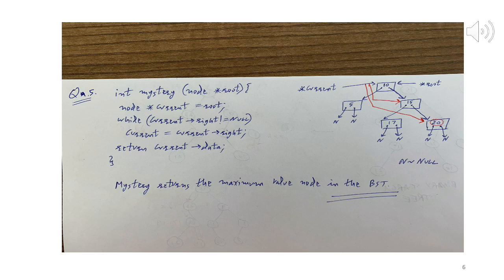So if x is a pointer to node 10, y is a pointer to node 15, then we can say x arrow right is equal to y. So if current is pointing to the node with value 10, then current arrow right will be the starting location of node 15, definitely not 0.